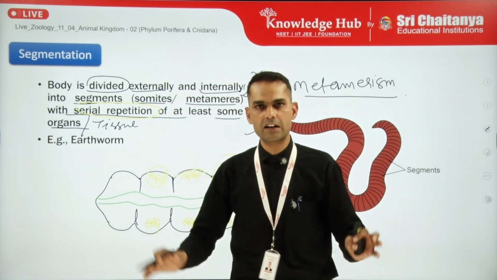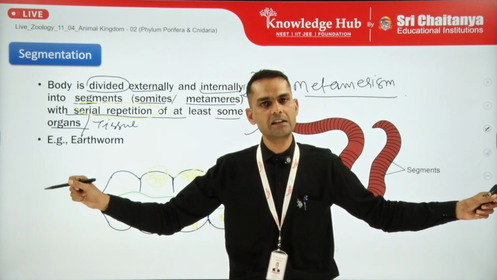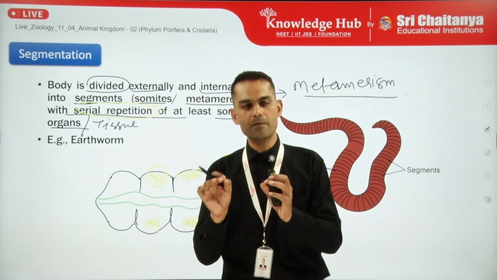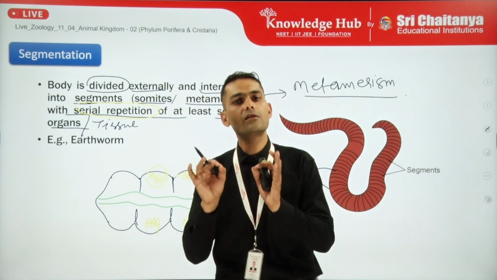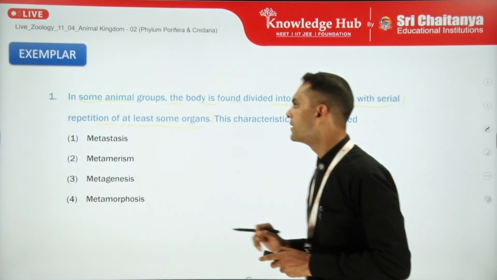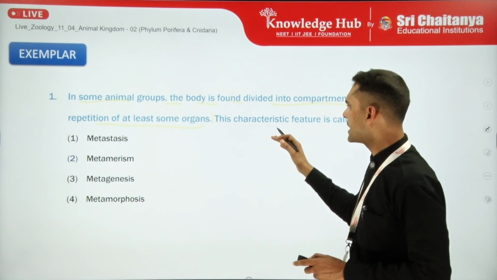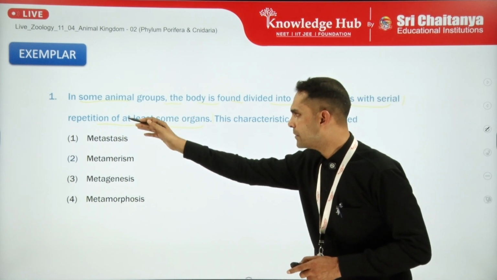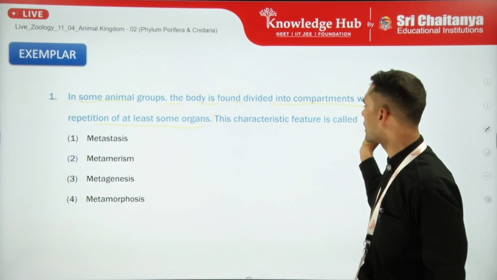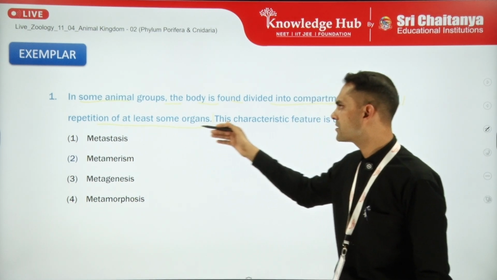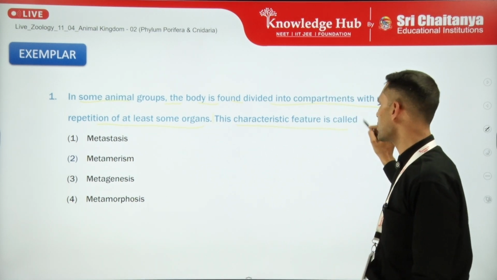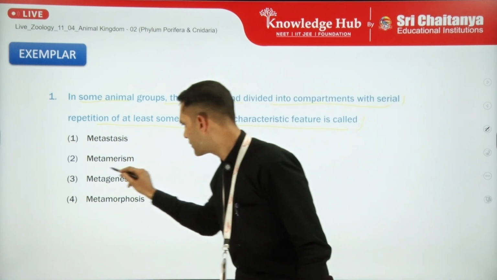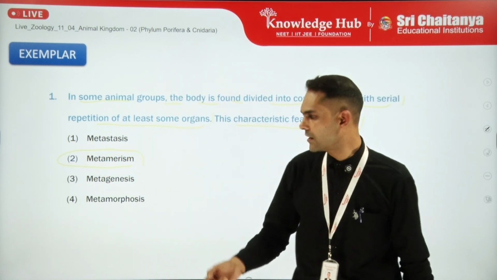They have coordination with their adjacent neighboring segments. So this is also a very important characteristic for defining true segmentation, right? Now, we can see that in some animal groups, the body is found divided into compartments with serial repetition of at least some organs. This characteristic feature is called metamerism. Metagenesis is the property of cancer.